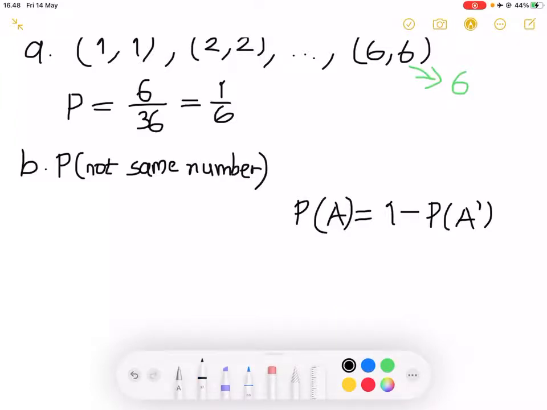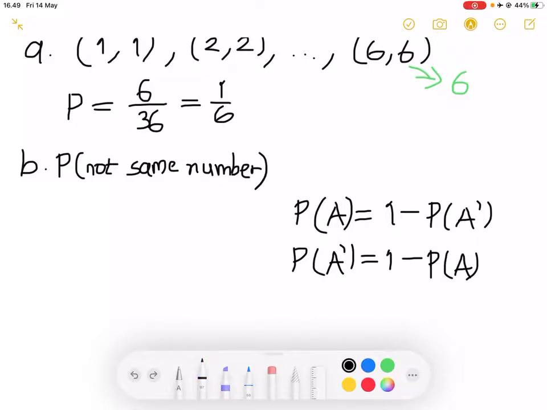And we can actually switch both sides so that it forms another equation similar to the first one. And this logically makes sense because if the probability of an event happening is some number, then the probability of that same event not happening will be 1 minus the probability of that same event happening.